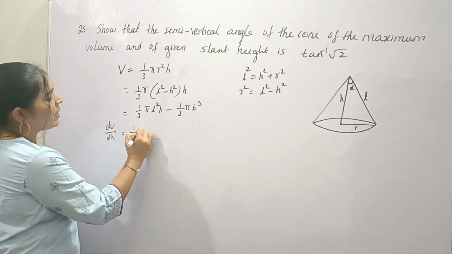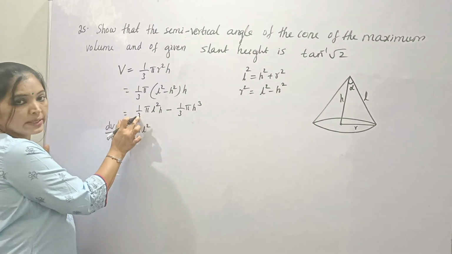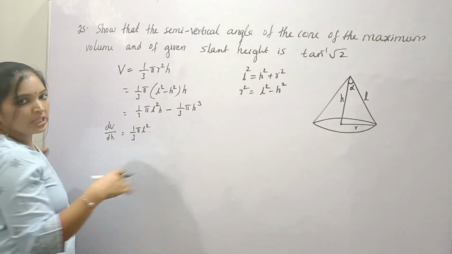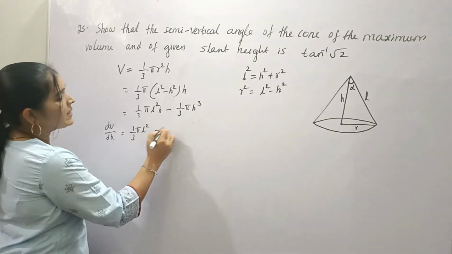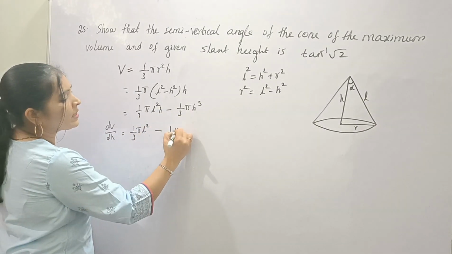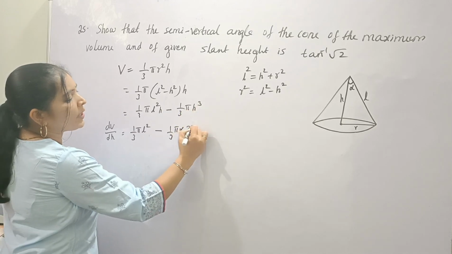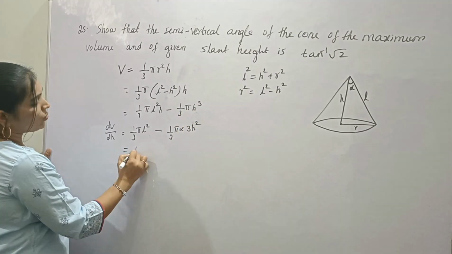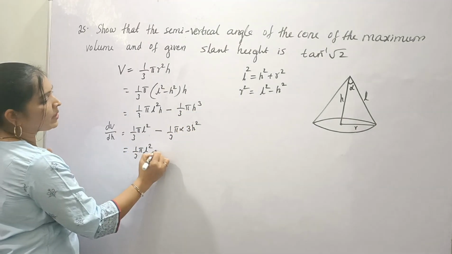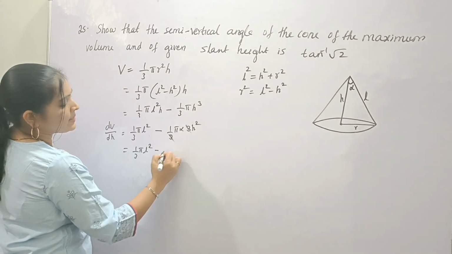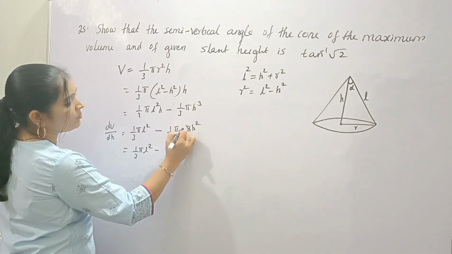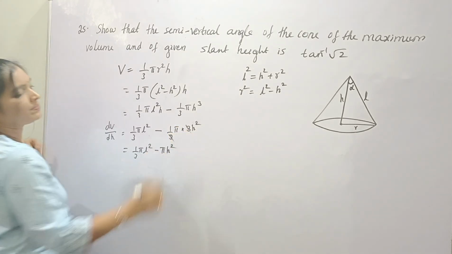So 1 by 3 pi L square, that is constant, into derivative of h with respect to h, which is 1. So minus 1 by 3 pi, constant, into 3h square. That is equal to 1 by 3 pi L square minus, here 3 cancelled, so pi h square.